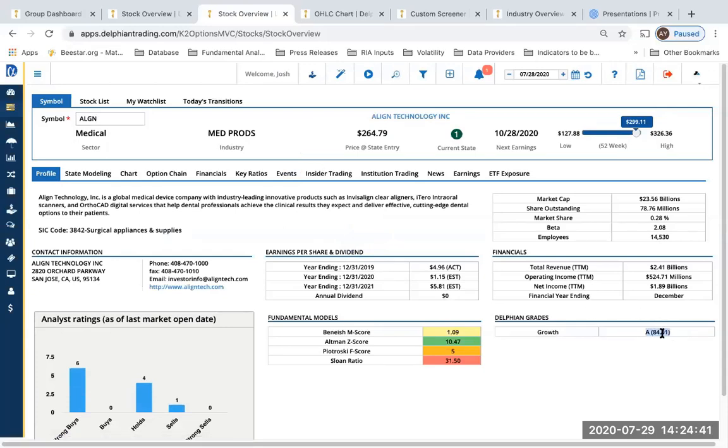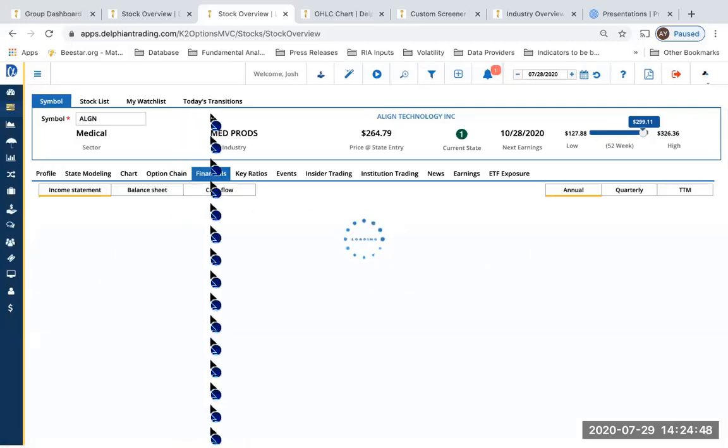Yeah, it's an A-grade stock with an 84 score, so it's very high from a fundamental standpoint. Look at the financials as well.